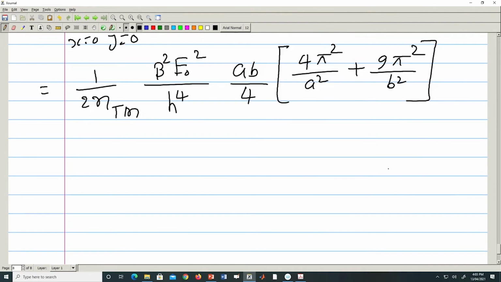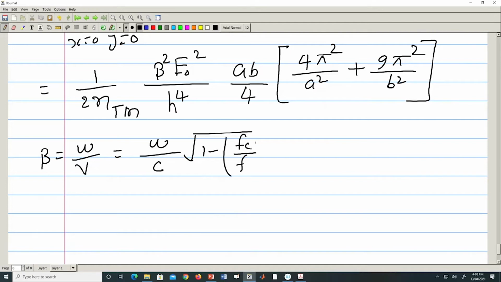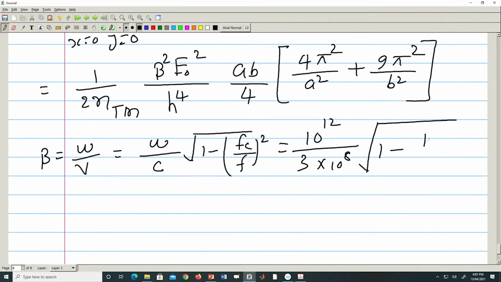Beta, now all are known, so we have to calculate beta. Beta will be omega upon v. Omega upon v for the TM mode is omega by c into square root of 1 minus fc upon f whole square, which is 10 to the power 12 divided by 3 into 10 to the power 8, into square root of 1 minus fc, which is 15.81 as we have already calculated in the first part, divided by the operating frequency, whole square.